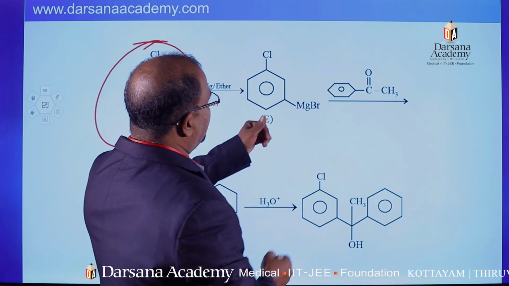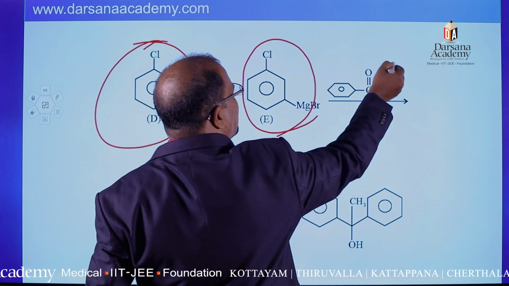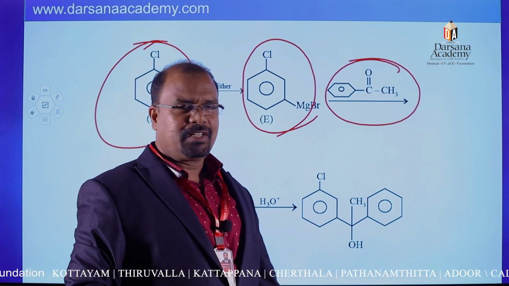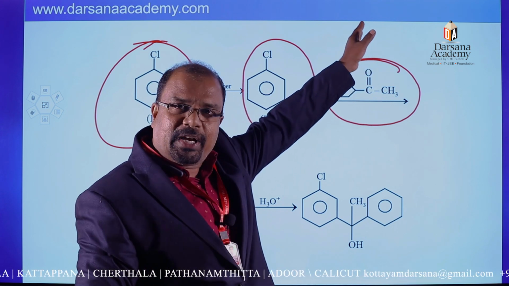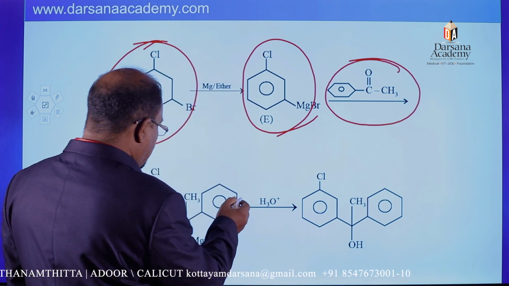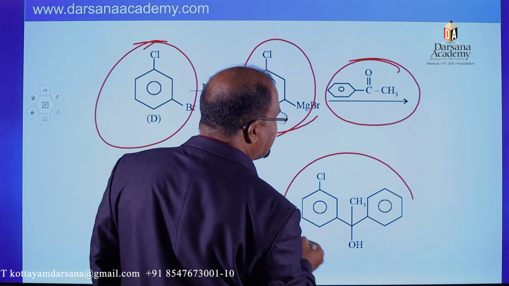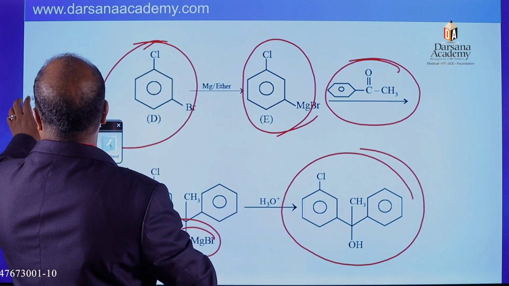Then with the Grignard reagent, this reacts with the ketone. The bond will break: on one side the MgBr will attach, on the other side the phenyl group will attach, so the tertiary alcohol will form. This will then hydrolyze to give the alcohol. What will be the option for that? The first option is the right option.